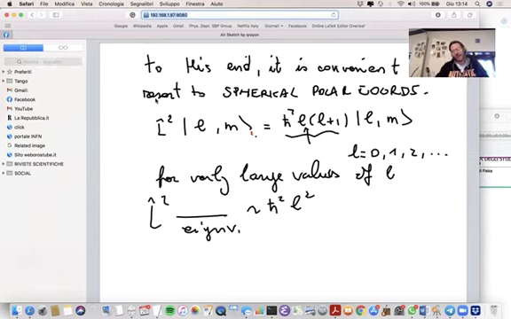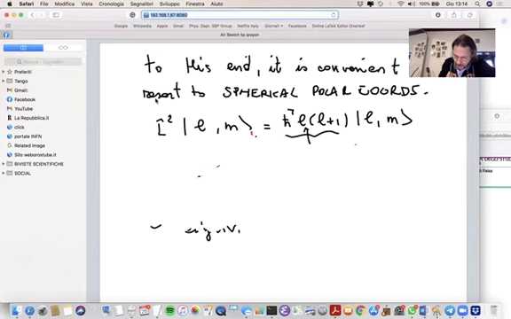Now, how about the eigenvalues of Lz? It turns out that the eigenvalues of Lz depend also on the value of m.